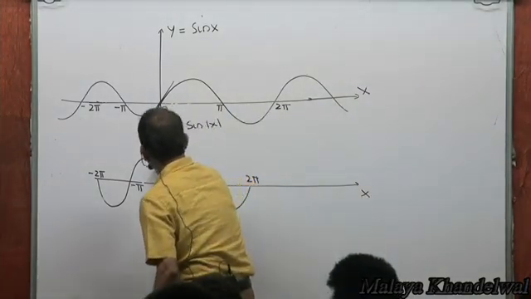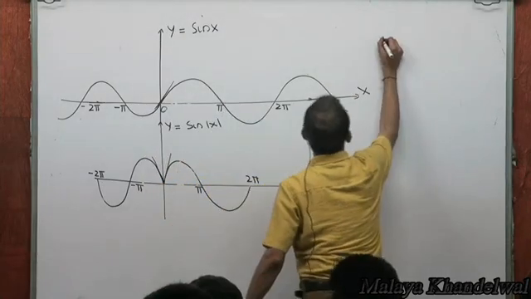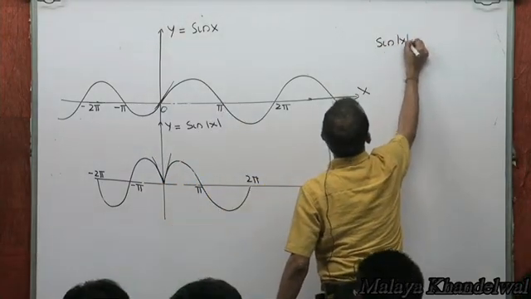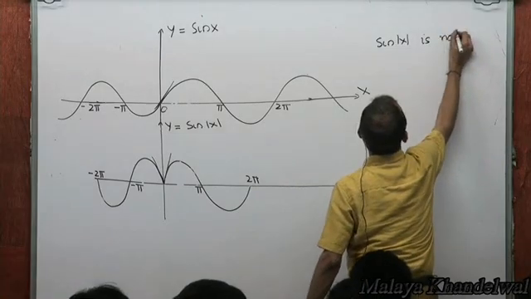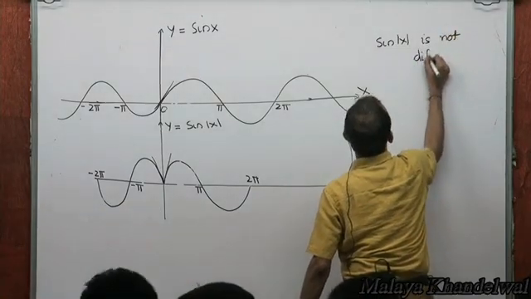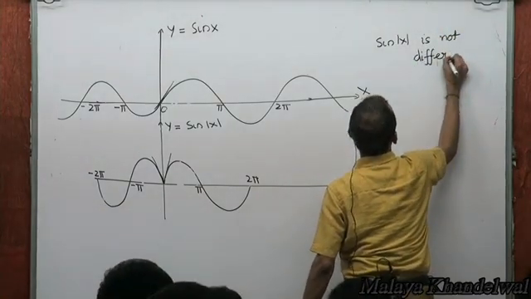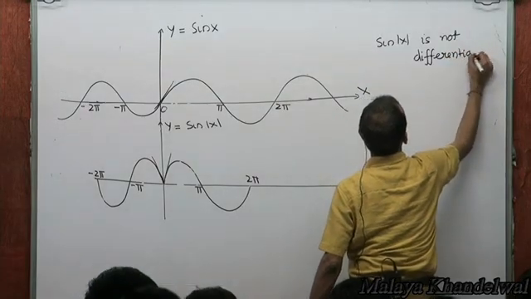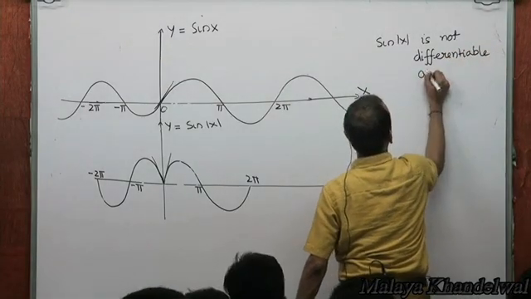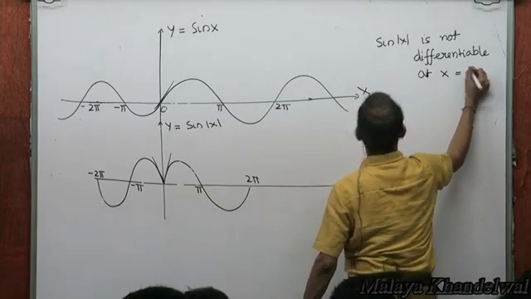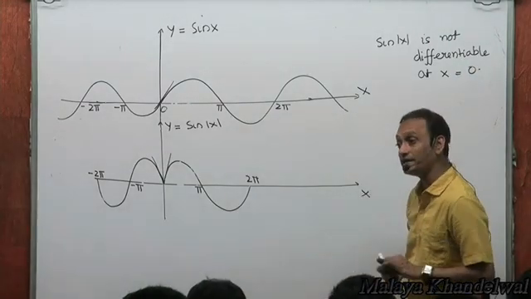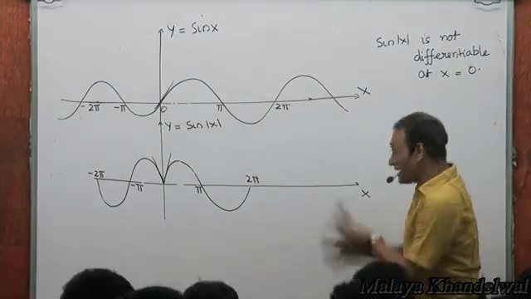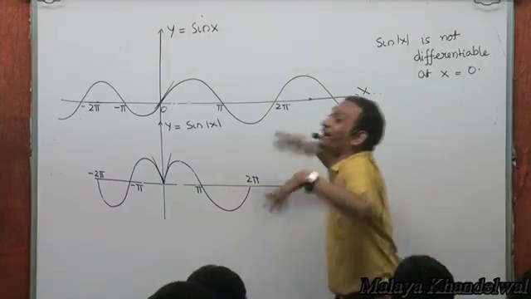So sine mod x, as you can see, is not differentiable at x equal to 0. Graphically you can see that, right? But it's continuous and differentiable everywhere else.